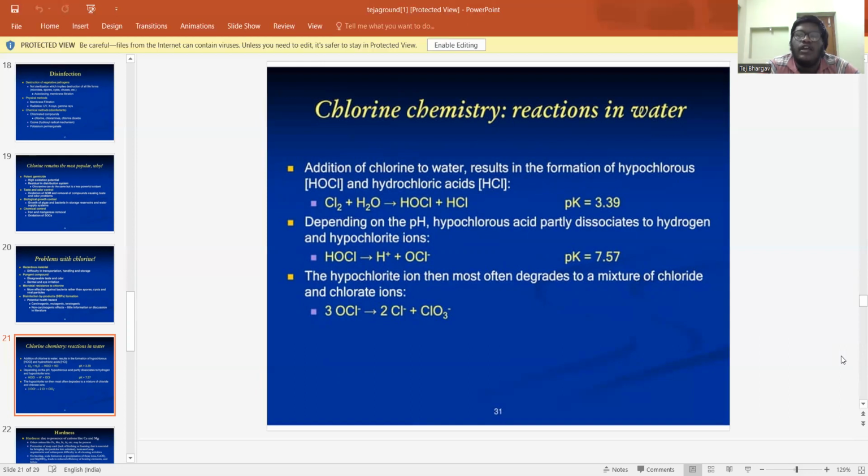Depending on the pH, hypochlorous acid partly dissociates to hydrogen and hypochlorite ions: HOCl gives H plus and OCl minus, whose pK is 7.57. The hypochlorite ion then most often degrades to a mixture of chloride and chlorate ions: 3OCl minus gives 2Cl minus plus ClO3 minus.